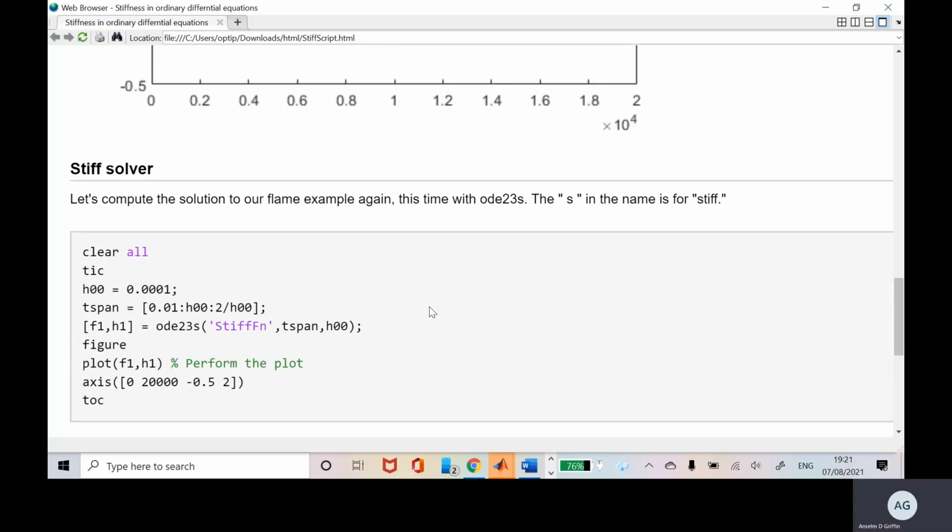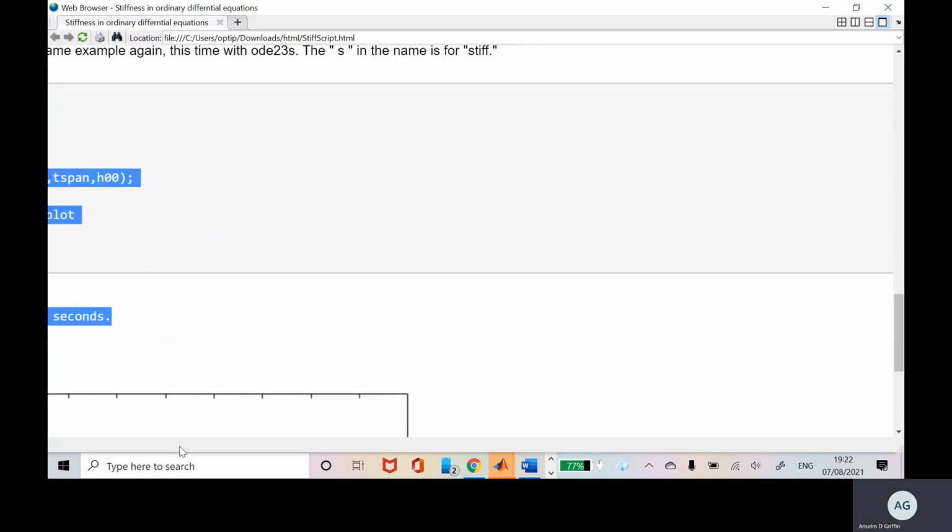And then how do you get around this? You use the ODE23s, and s is for stiff. Same as before, same delta, same time span. We call the ODE23s stiff method.